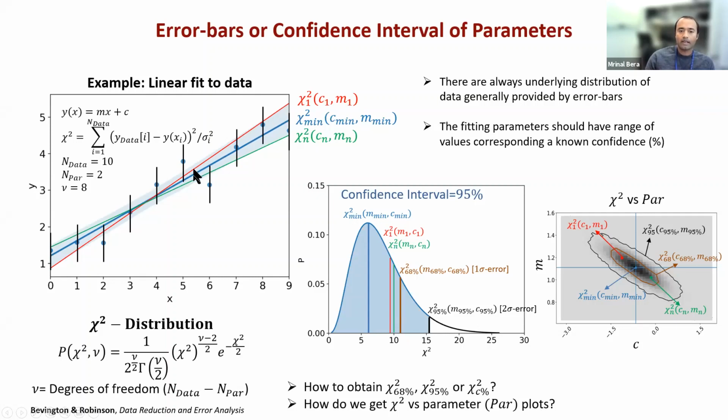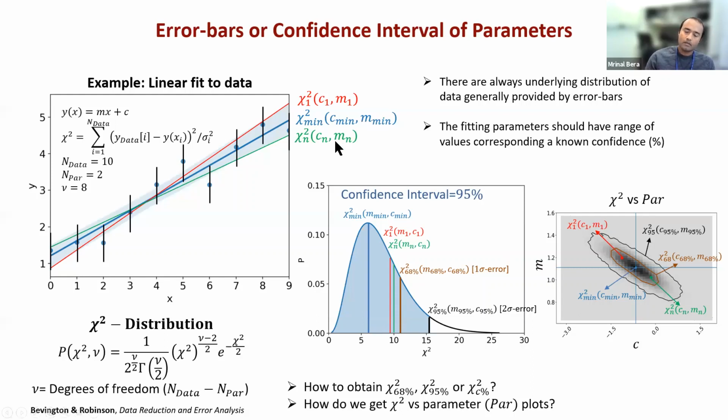In this way, you can generate a lot of chi-square values corresponding to different values of C and M. And from this distribution of parameter values, I can say with a certain confidence that my parameter will be between some range. That range is what we call the confidence interval of that parameter, or the error bar on that parameter, corresponding to the data we have obtained.